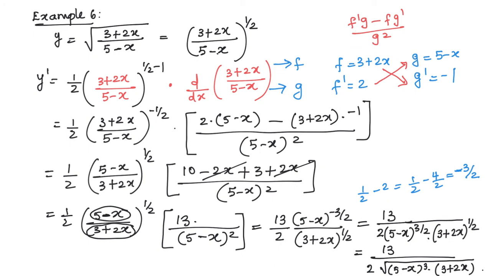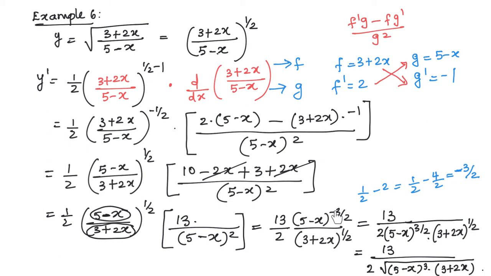f prime g minus f g prime, whole divided by g square. Then distribute this and simplify. Here 2x will cancel and 10 plus 3, 13. While dividing, these two factors are the same. So while dividing, subtract the exponent.